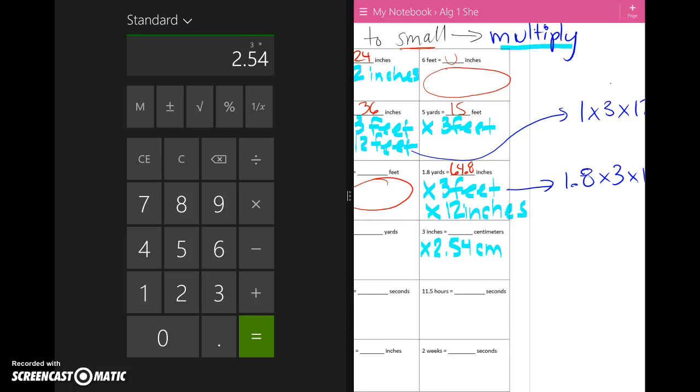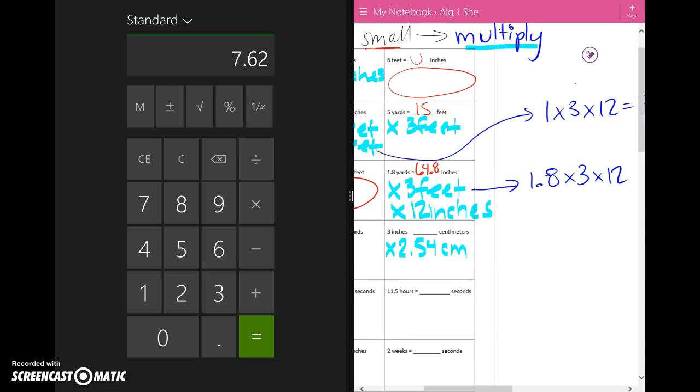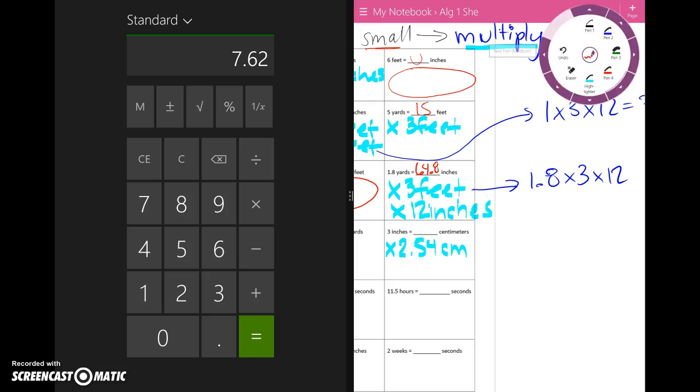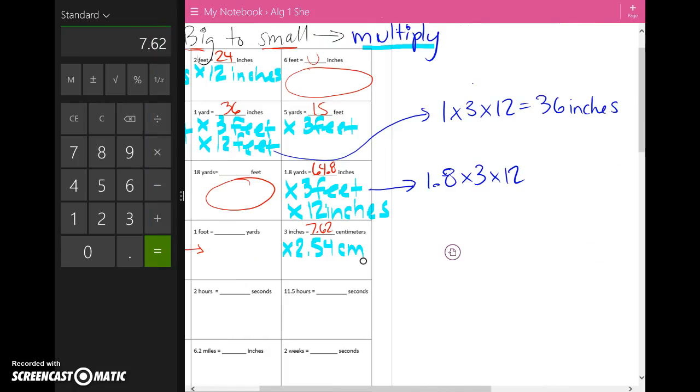And if this stuff is pretty easy for you, then why don't you just go ahead and keep going and finish it up. But if you need more help, just keep watching the video. Okay, so this is actually going to be 7.62 centimeters.